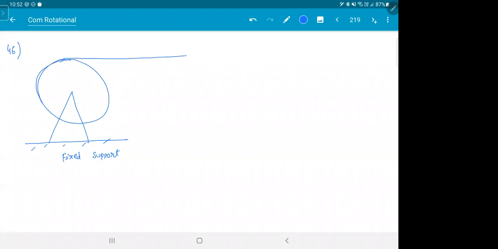So there is a probe like this. This is the hinge. It is a solid cylinder of mass M and radius R. Mass is 2 kg, radius is 1 meter. So someone is catching here and pulling with a force of 10 newtons.